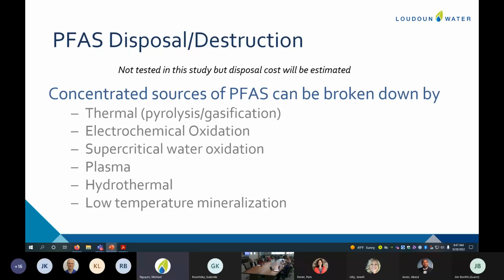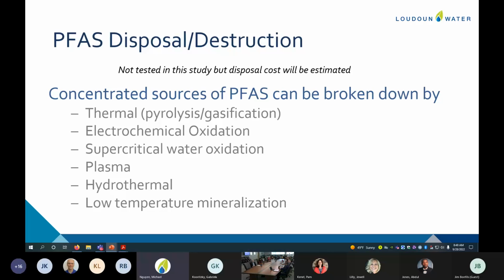This is where you get water under high temperature and high pressure in this special area where it's not a gas or a liquid. But I'm sure you can imagine high temperature, high pressure looks like it's going to be extremely expensive. Plasma is super fancy, right? If we hit it with a plasma ray, we can break it apart. Hydrothermal is also very similar. You're using water under high pressure and high temperature to break it apart.